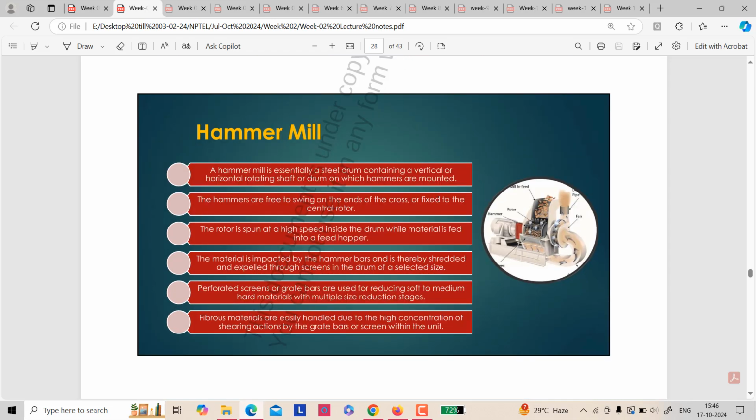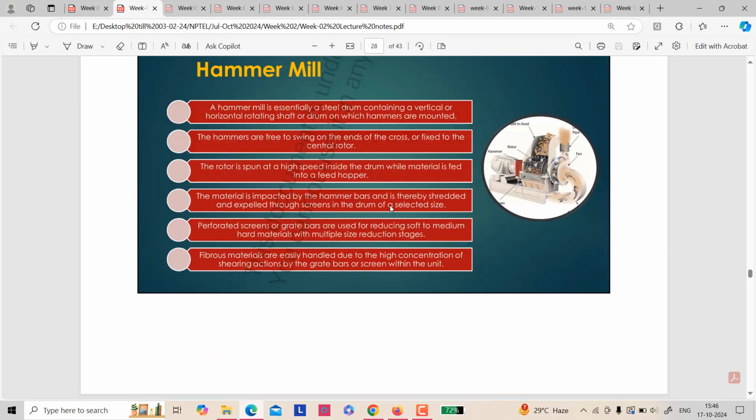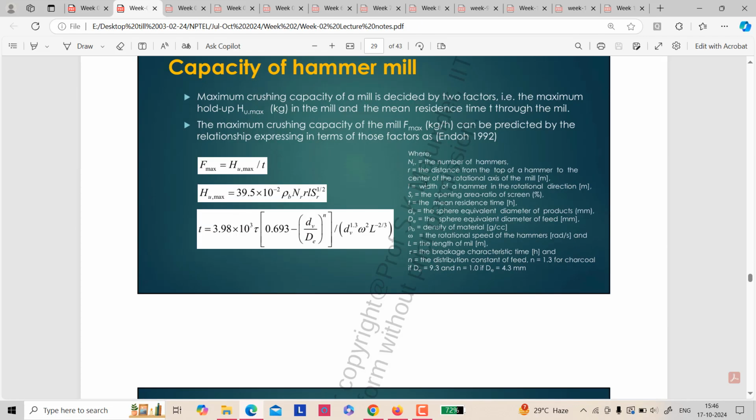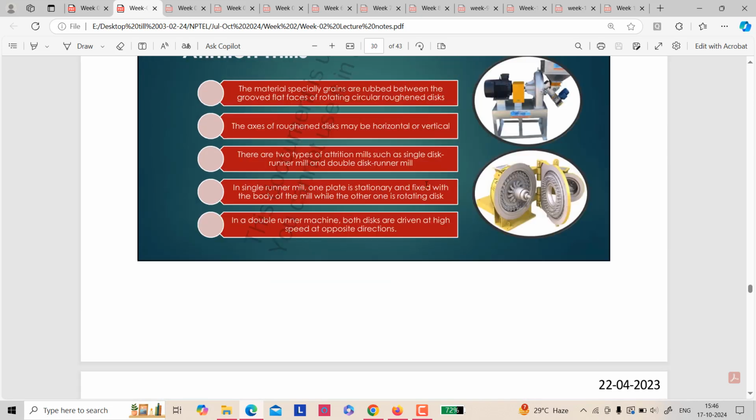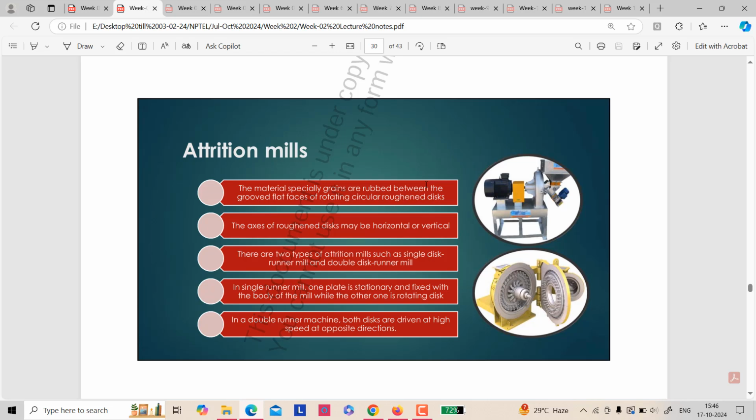This is the hammer mill. This is the capacity of hammer mills and its advantage. Finally is the attrition mill, where the material, especially grains, is rubbed between grooved flat faces or rotating circular roughened discs.